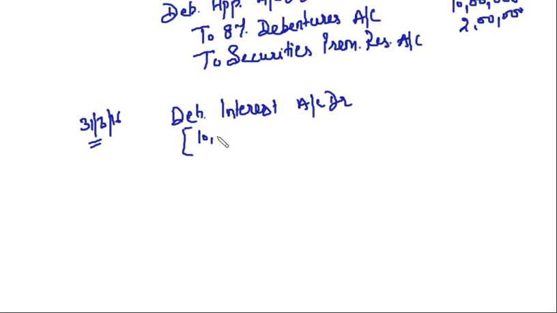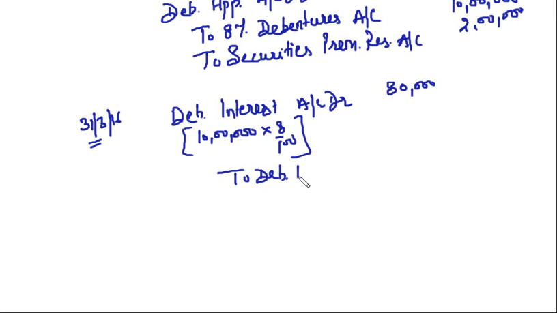On the face value, that is 10 lakh at the rate of 8%. This comes to 80,000 rupees, right? To debenture holders account and to TDS account, TDS payable.